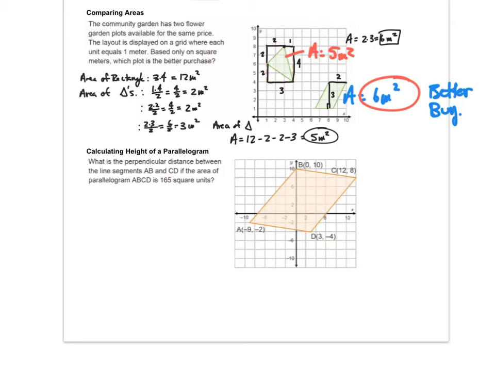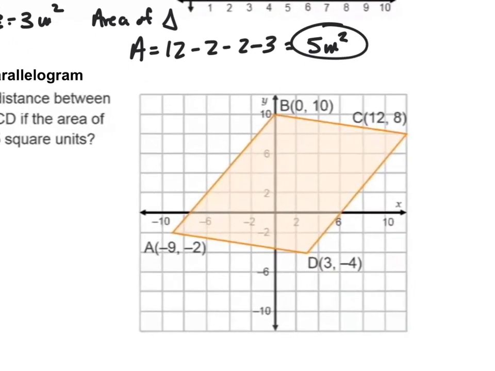So let's do this real quick. Let's zoom in here. We're trying to find the distance from here that's perpendicular to here. We're trying to find this height.